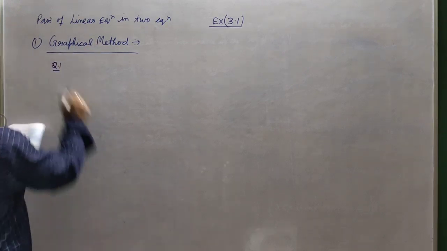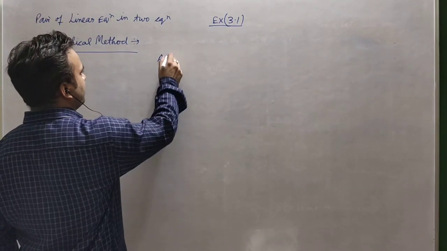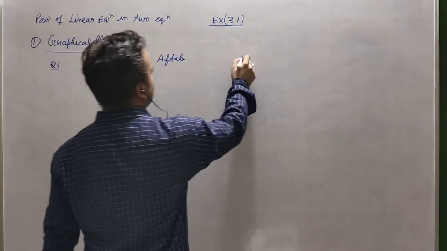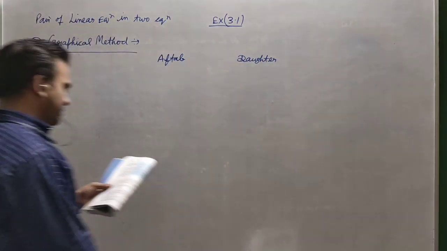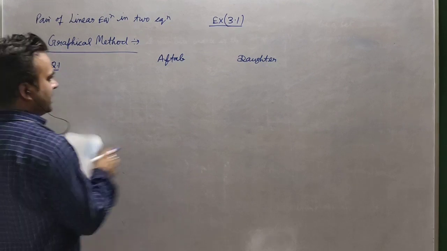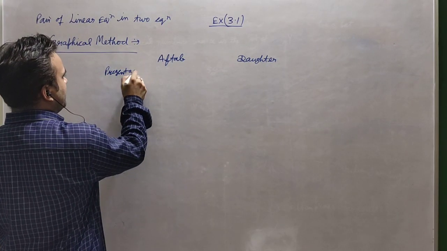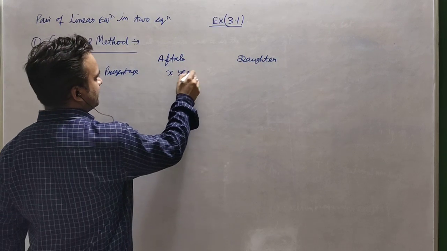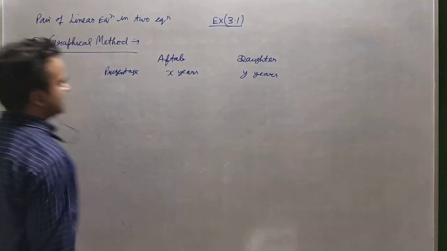Aftab tells his daughter. 2 persons are here, Aftab and daughter. I am making a case so that you will be able to understand. Suppose I am saying present age: Aftab's present age is x years and the daughter's is y years.